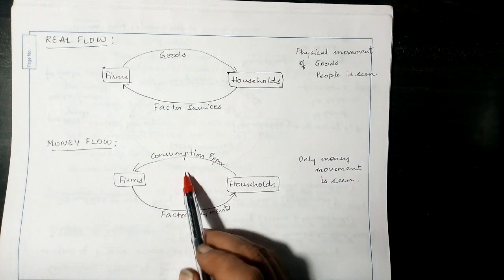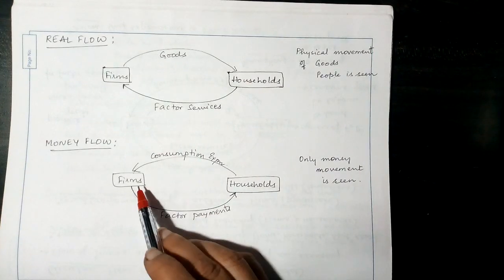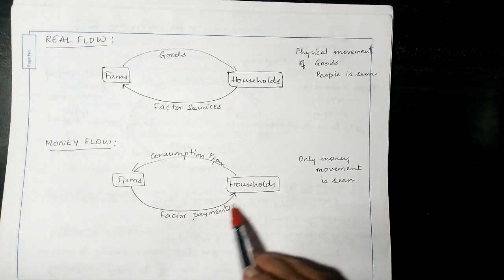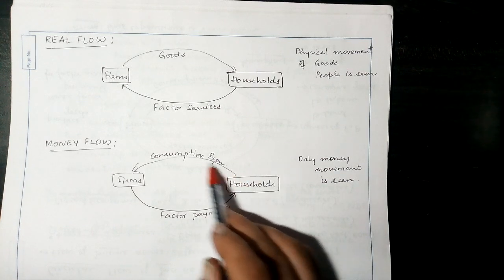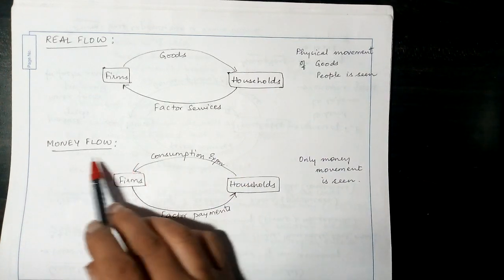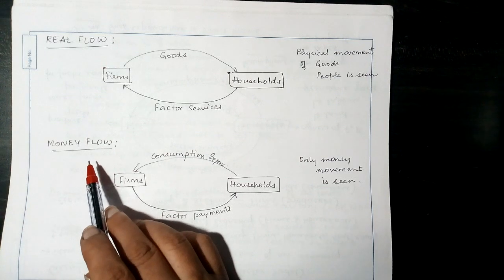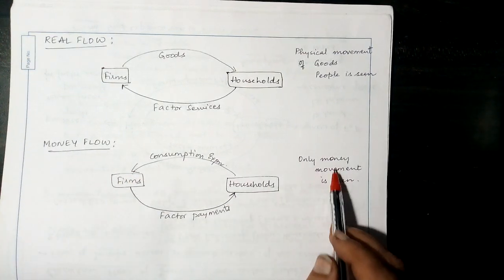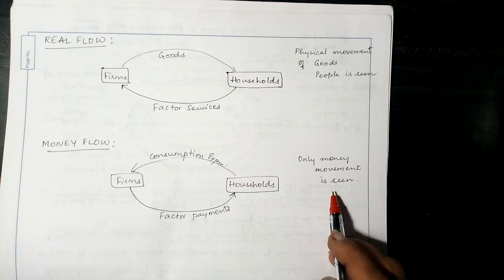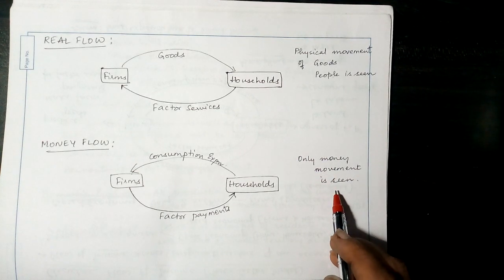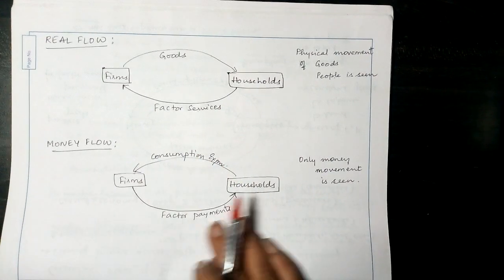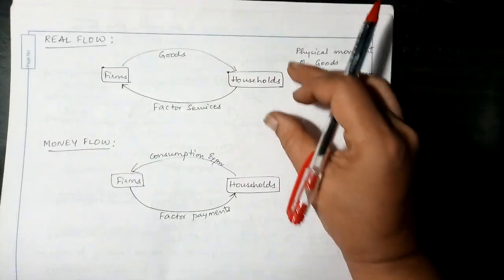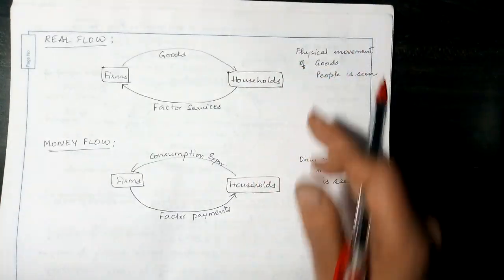The movement of intangible things, like the firms making factor payments and the households making a consumption expenditure using money, is called the money flow. Here only money makes a movement, which is intangible, and hence this is called the money flow. The money flow and the real flow are reciprocal to each other.